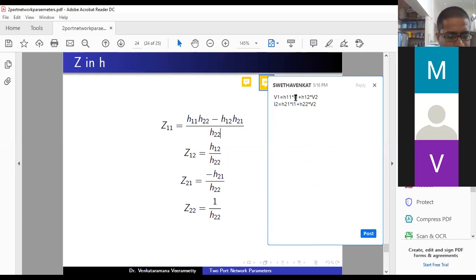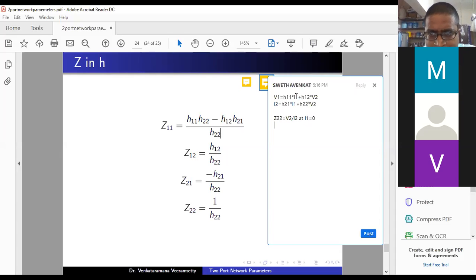Now I want to calculate Z22. So Z22 equal to V2 divided by I2 at I1 equal to 0. When I1 equal to 0, how do these two equations look?